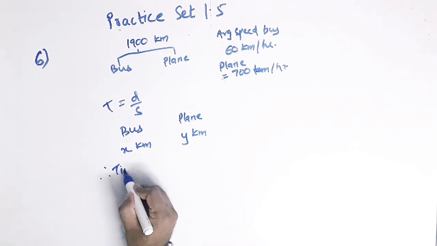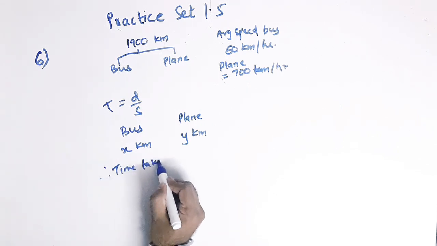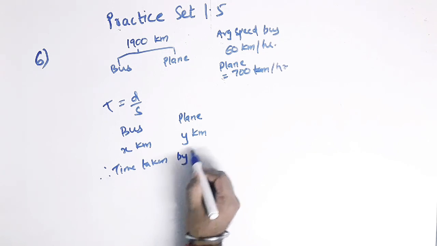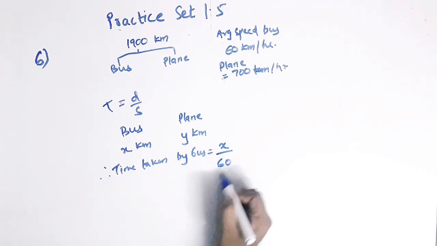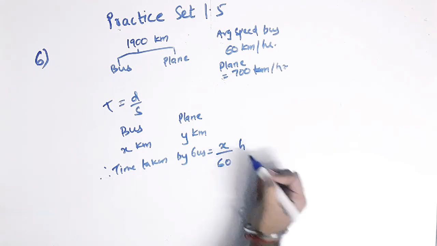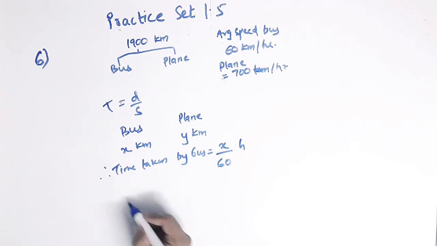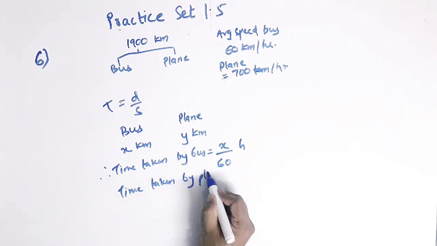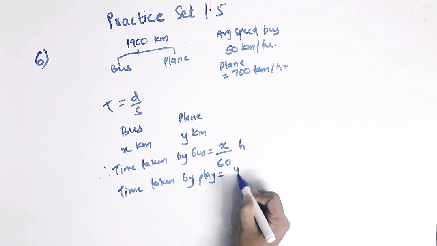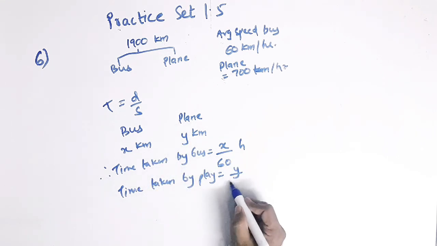Therefore, time taken by bus will be distance upon speed, x upon 60 hours. And time taken by plane will also be distance upon speed.